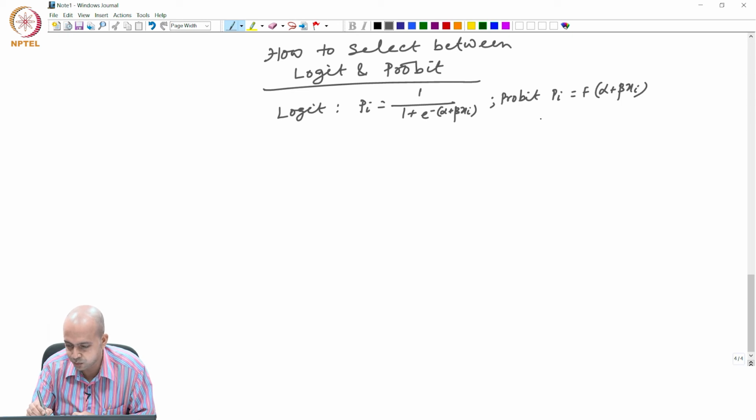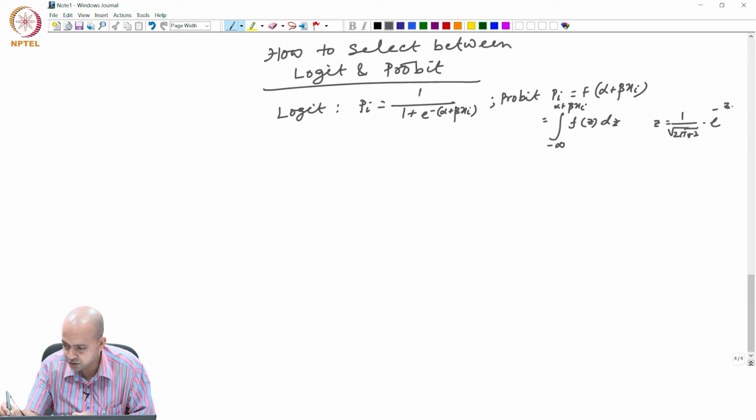That means, phi equals the integration from minus infinity to alpha plus beta xi of f(z) dz, where f(z) equals 1 by root 2 pi sigma square into e to the power minus zi square by 2, and zi equals (xi minus mu) by sigma, the standard normal variable.